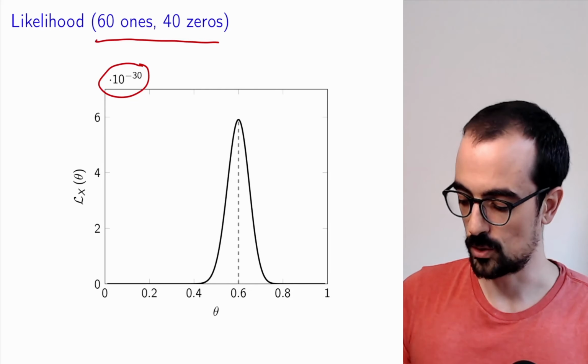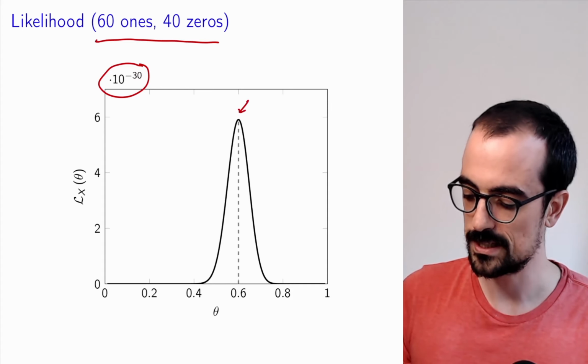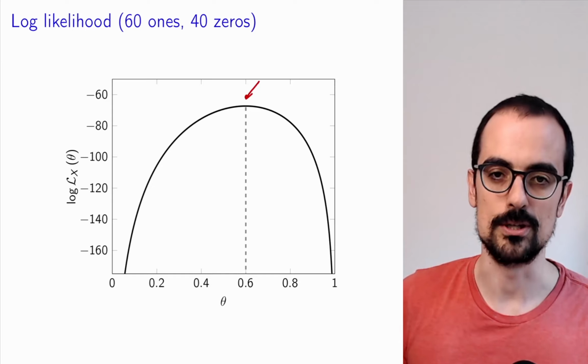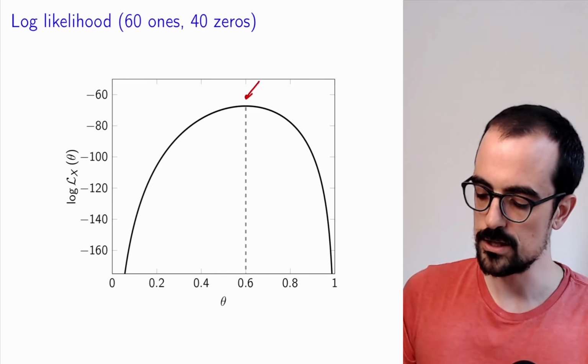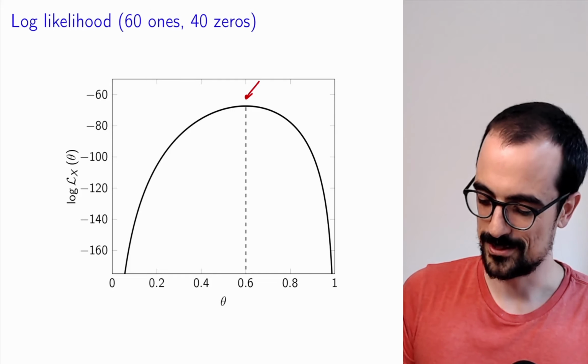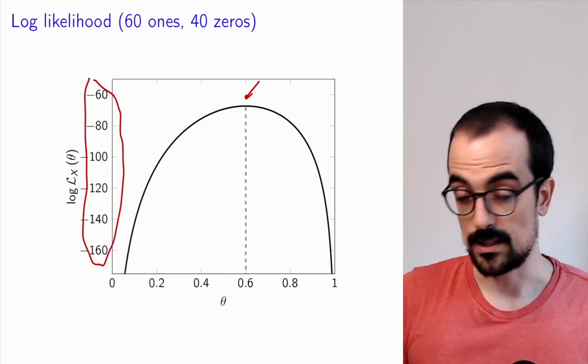Look, the maximum here is here. We'll see why the maximum is right there at 0.6. When we look at the logarithm of the expression, the maximum is still at 0.6 because the logarithm is a monotone function. And now the values are much more similar, much more reasonable. Okay, so that's the log likelihood function.